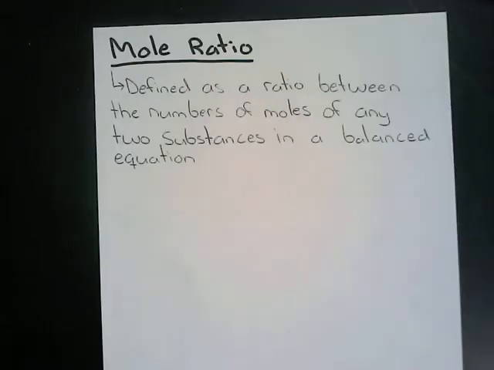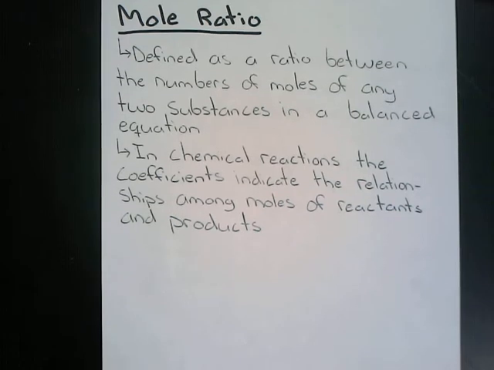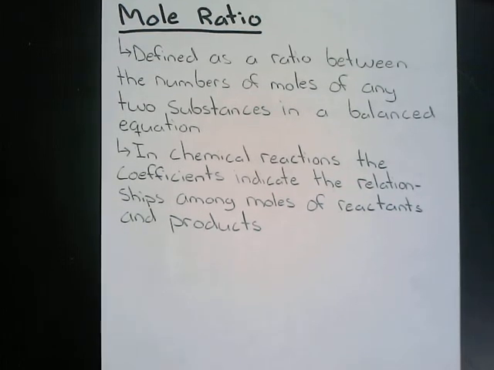So it's important to remember that in chemical reactions, the coefficients indicate the relationship among moles of reactants and products. So to be able to determine the mole ratio of two species or substances, we need to look at the coefficients in front of each species or each substance of our chemical reaction.